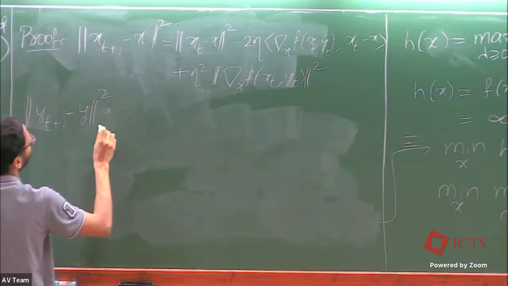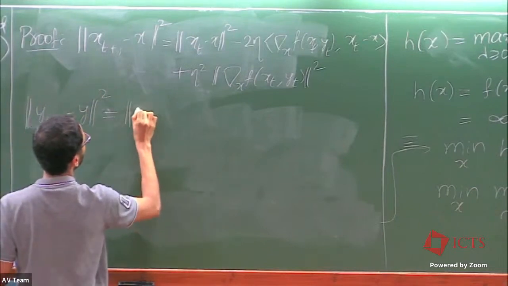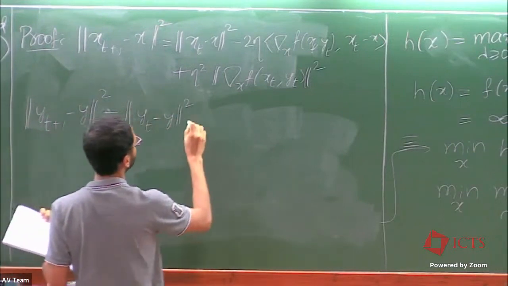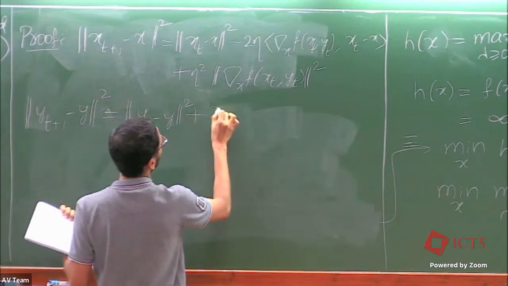Similarly for y t plus 1 minus y, we have a plus here because we are doing gradient ascent.